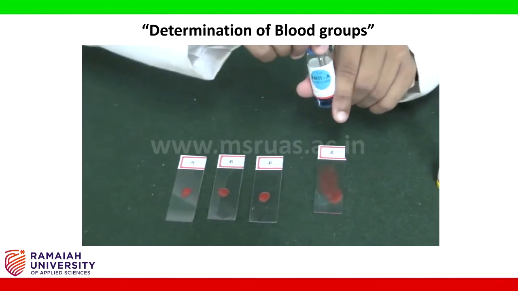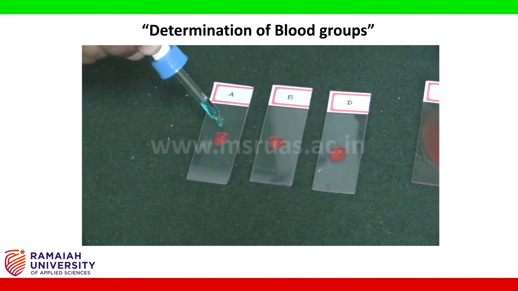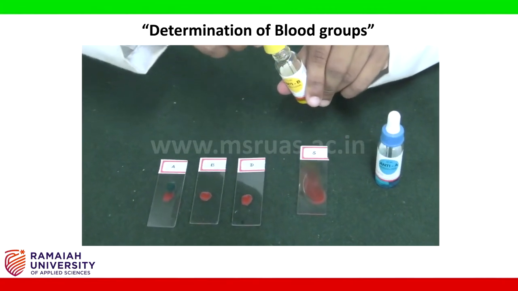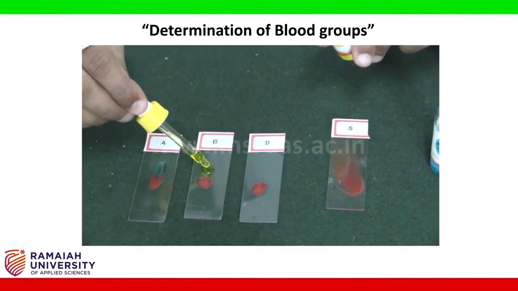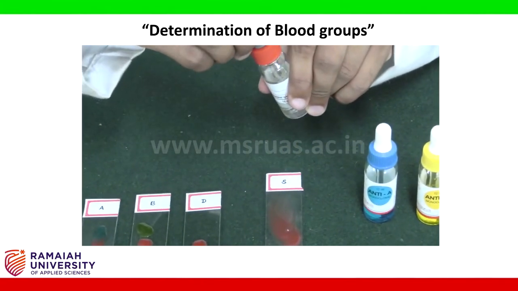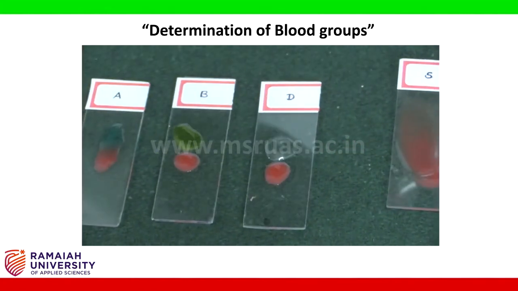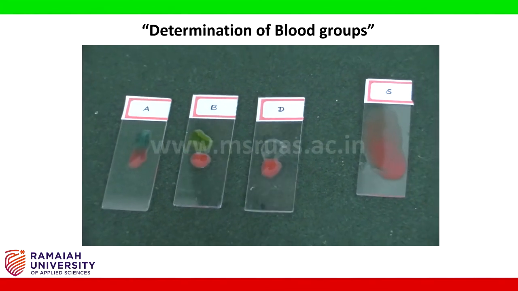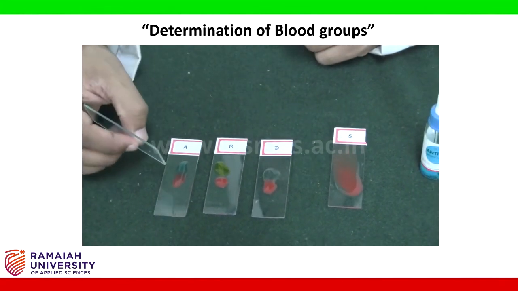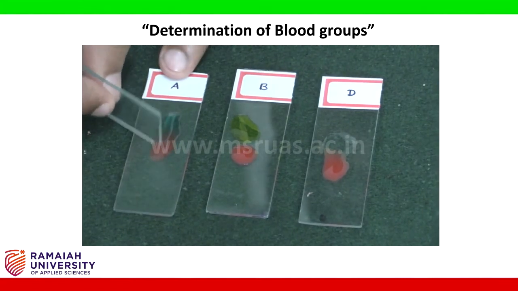Then the antisera A is added to the slide named as A. Antisera B is added to the slide B, and antisera D is added to the slide named D. Then, using one more glass slide, all the 3 different slides containing diluted blood and the respective antiseras are mixed using the different corners of the glass slide.